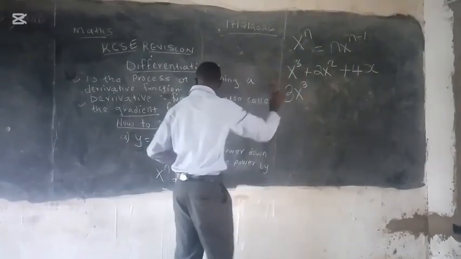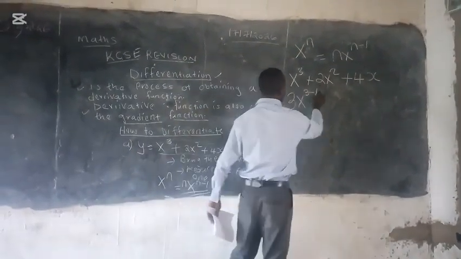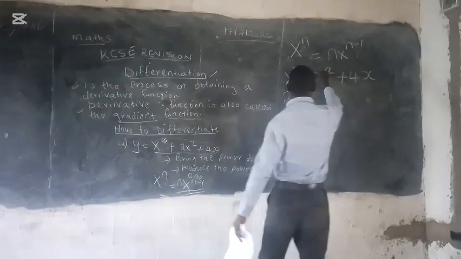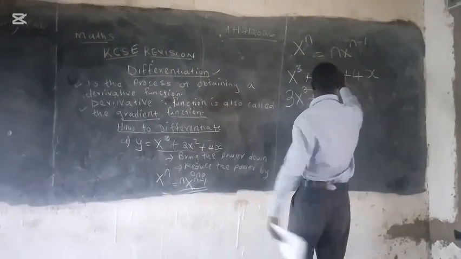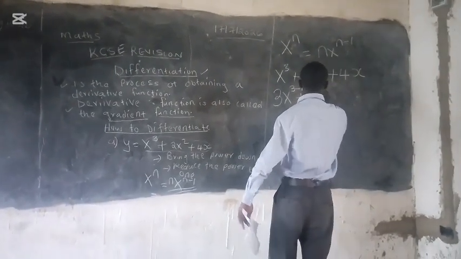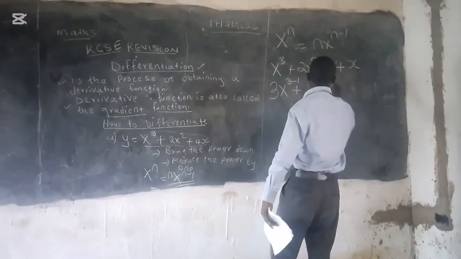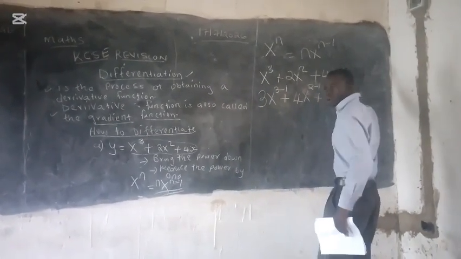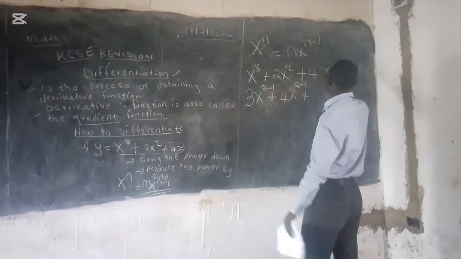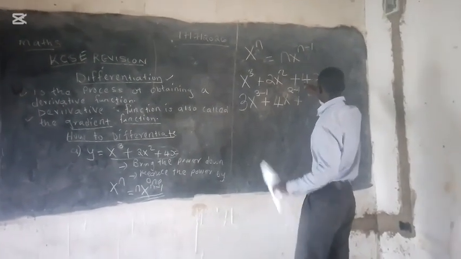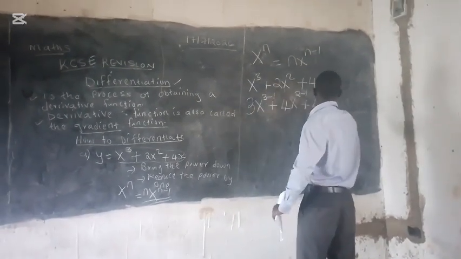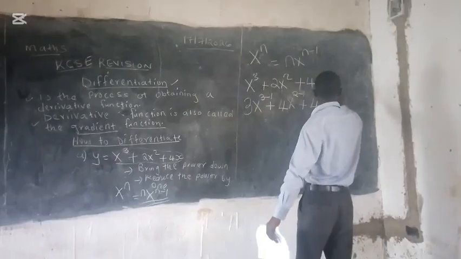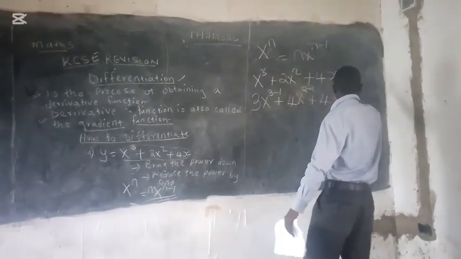Then we reduce the power by 1, minus 1, plus. We bring the power down, so it is 2 times 2, it becomes 4x raised to 2 minus 1, plus. We bring the power down, here the power is 1. So we multiply 1 by 4, it becomes 4. So it is 4x raised to 1 minus 1.